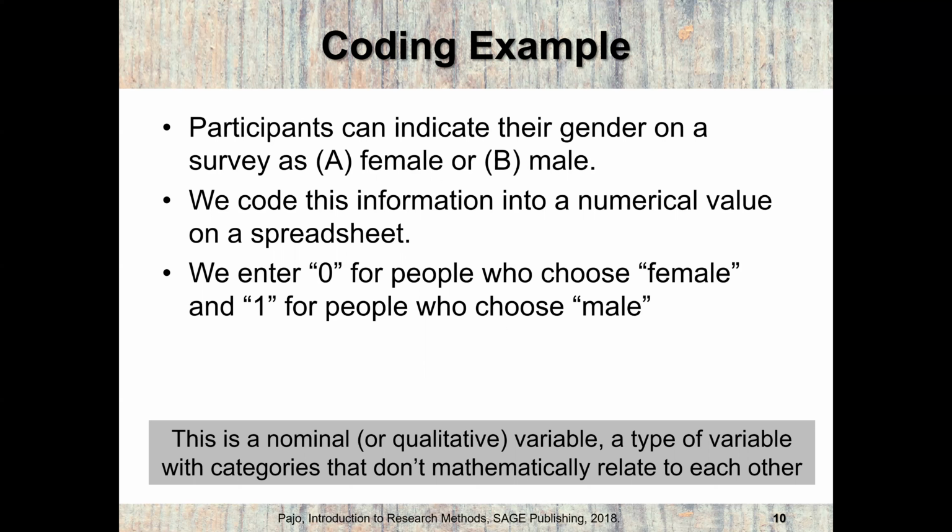I can't say female plus 20.2 or something, no. So in this case, we have to code our nominal or qualitative data to quantitative. And that's what we are saying. This is a nominal or qualitative variable, a type of variable with categories that don't mathematically relate to each other. And we cannot perform any mathematical operations on nominal data.